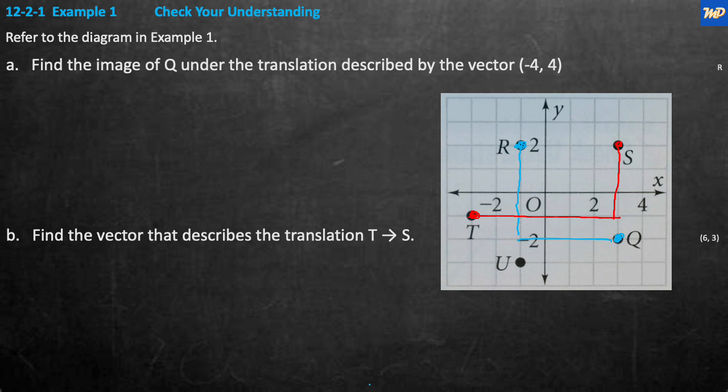So that would be 6, comma 3 for that translation. We'd write that 6, comma 3. 6, comma 3 is the answer to B, and R was the answer to A.